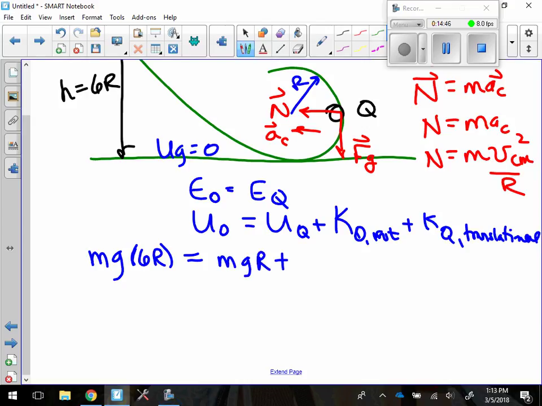What's my formula for rotational kinetic energy? And what's my formula for translational kinetic energy? Yep, V center of mass squared.